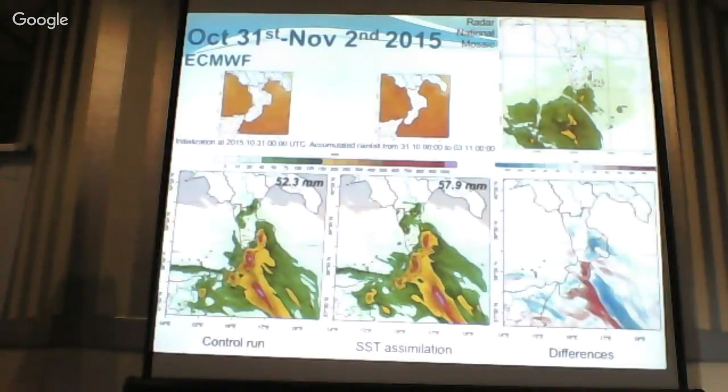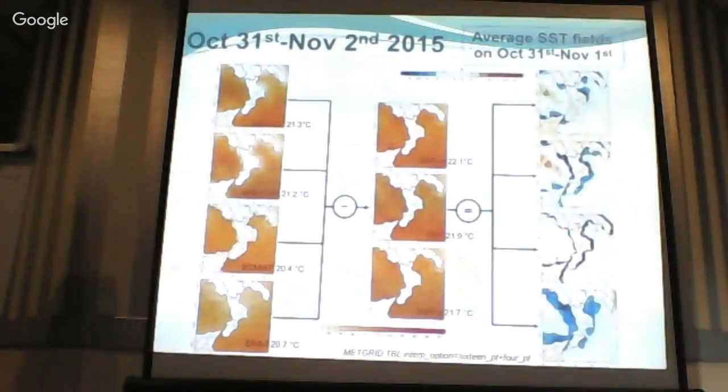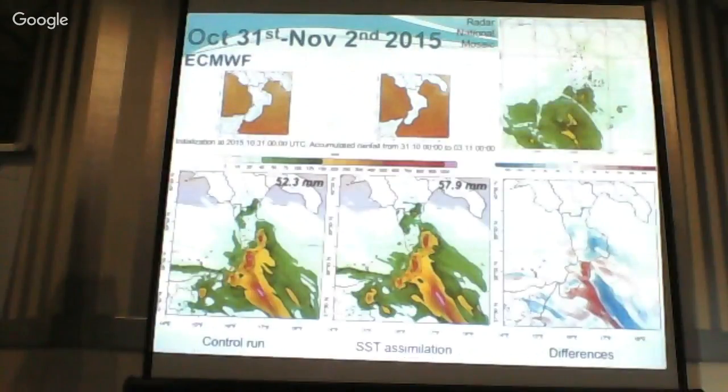We see that with the control run, we only focus on ECMWF and ERA-Interim now, not GFS. We see that the control run reproduces the spatial patterns better than the run with the SST simulation. We can see it clearly from the differences.